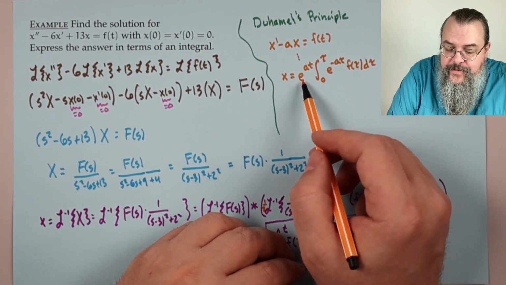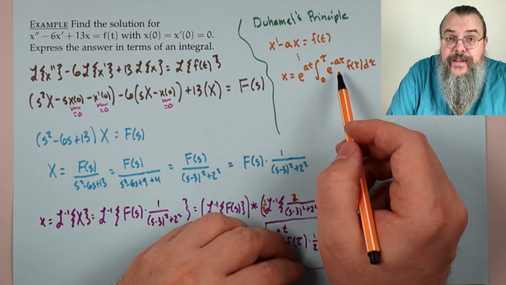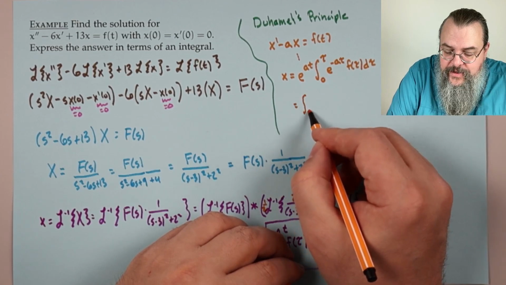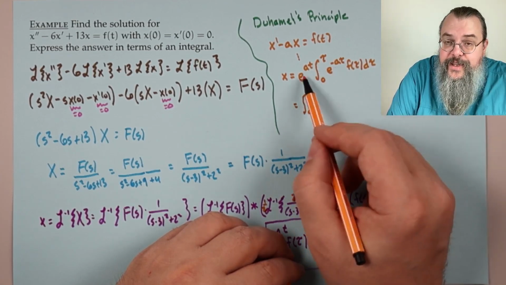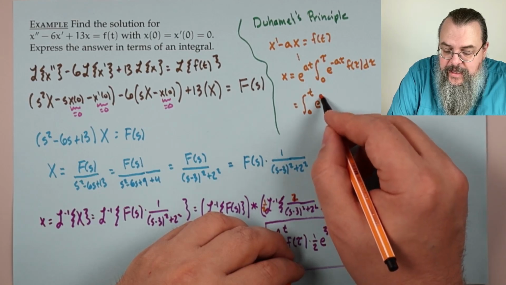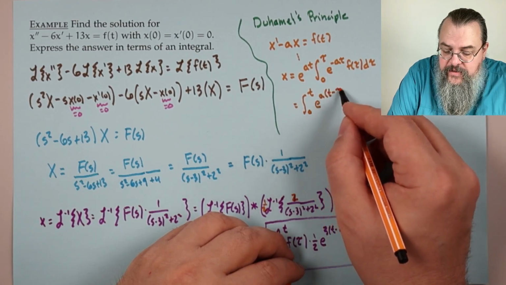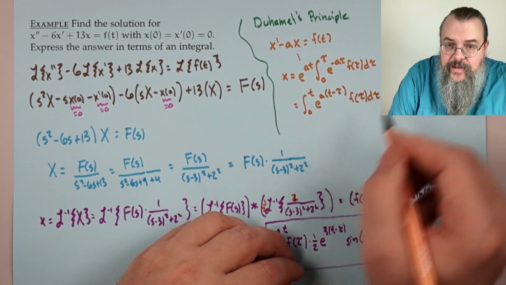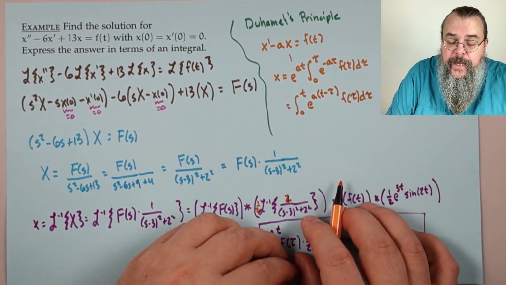All right? Now, what can we do? We can bring this e to the at inside. So this becomes the integral 0 to t, and when we put these together on the inside, we get e to the a times t minus tau, f of tau, d tau. Okay?